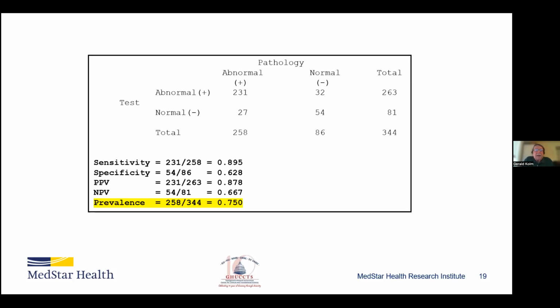Now, based on Bayes' theorem, what if our prevalence was something different? We wanted to take our test, positive or negative, abnormal or normal, and apply it to a different population or a different sample where the prevalence is different.